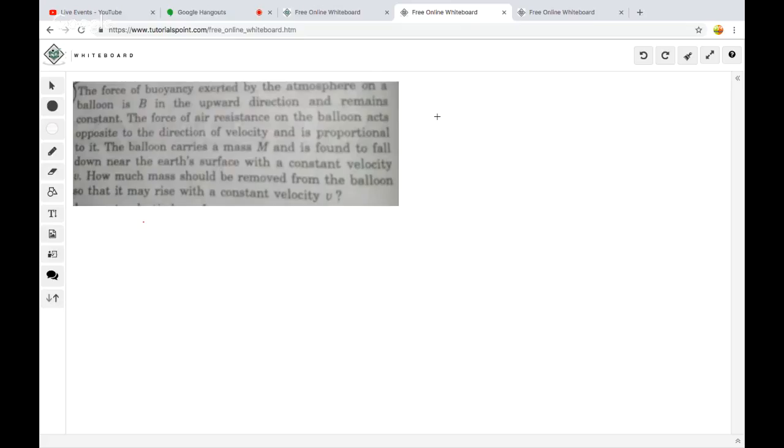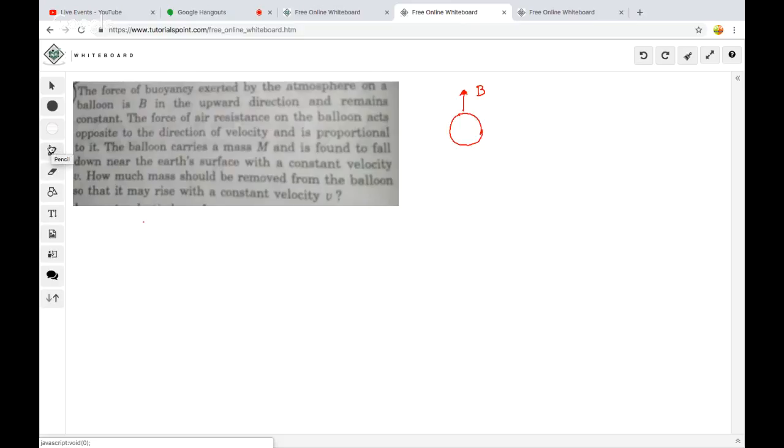So there are two forces. One force is the force of buoyancy on the balloon. If you draw a balloon, suppose this is a balloon, on this balloon there will be a force of buoyancy, that is always capital B. It acts constantly.